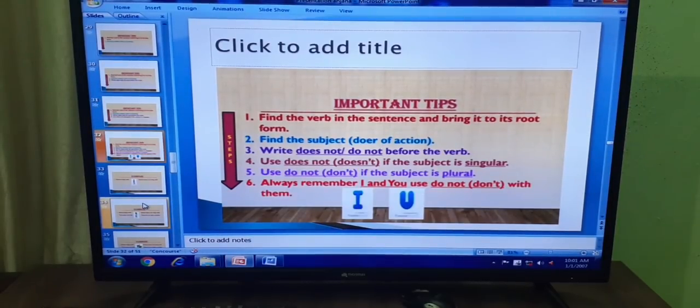Number 5. Use do not or don't if the subject is plural. So if the subject is plural, use do not just before the verb.